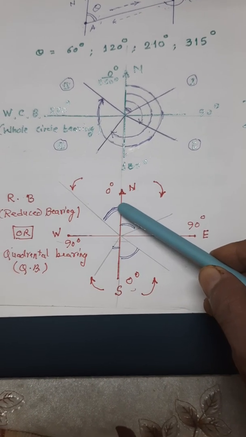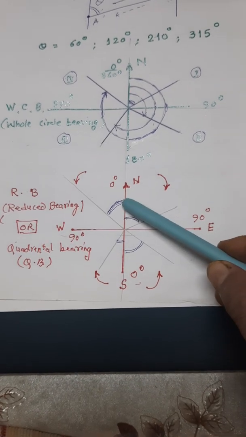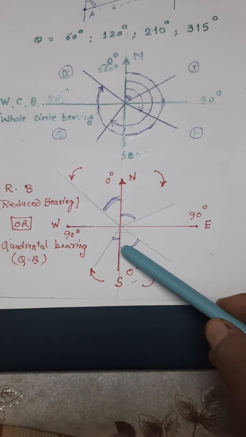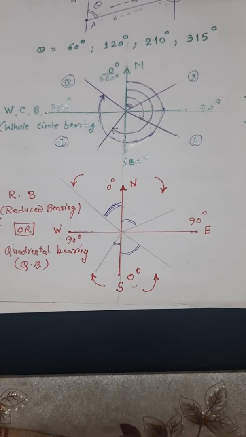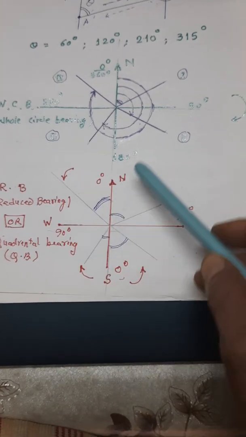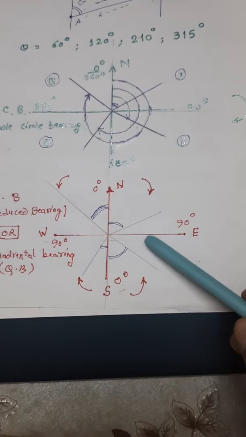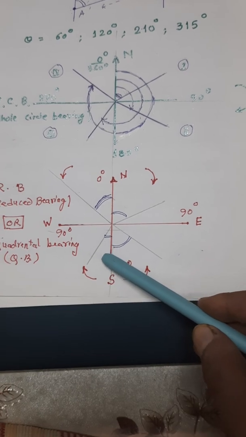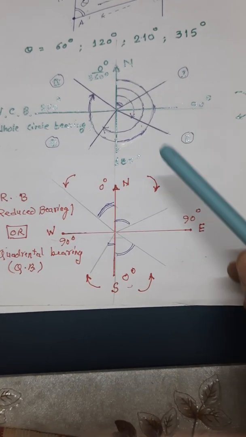But we are supposed to know in the whole circle bearing, we know this angle is like this, and this angle is theta, so we can say 180 minus theta will give the whole circle bearing. But if it is in the third quadrant, that is 210, it will be 180 plus theta.